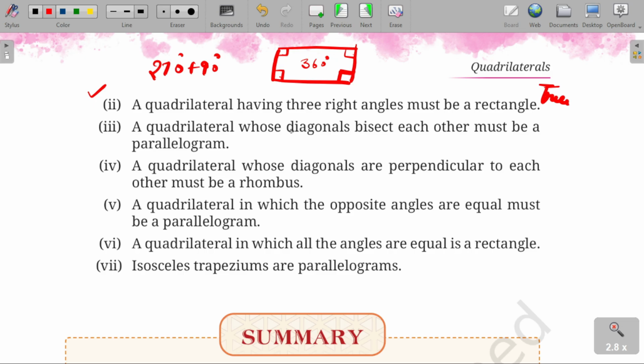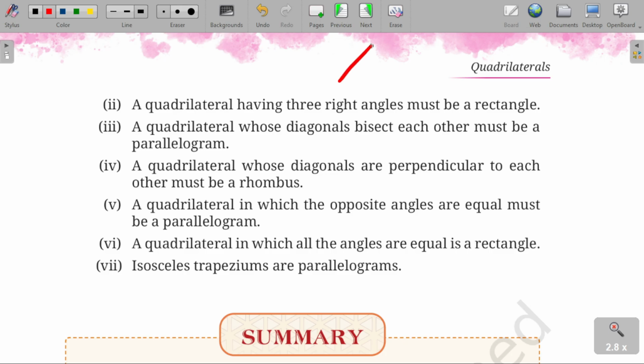Third, a quadrilateral whose diagonals bisect each other must be a parallelogram. So let's take a quadrilateral whose diagonals bisect each other, that means this equals this equals this, must be a parallelogram.